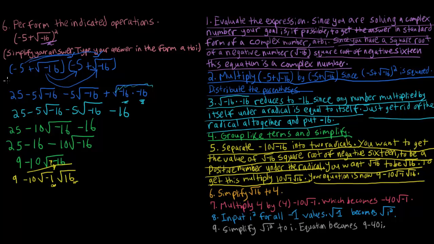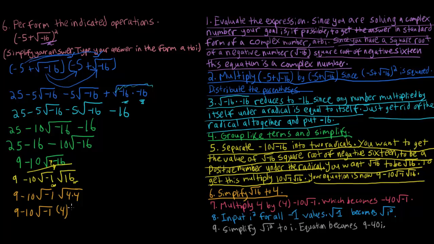But before we end up doing that, let's just go ahead and do step 6, simplify square root of 16 to 4. So you have 9 minus 10 square root negative 1 times the square root of 16, which is the same as 4 times 4, which if you simplify it is just 4 itself. Make sure you have the parentheses.